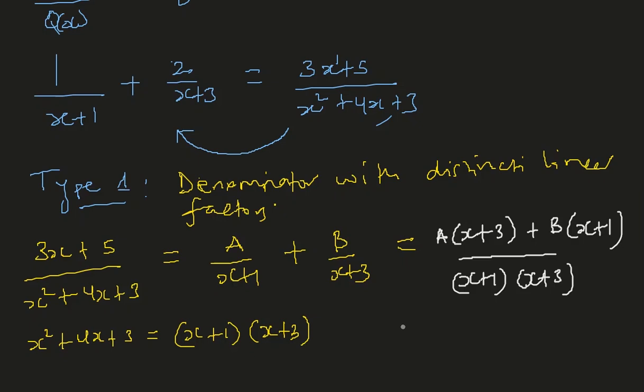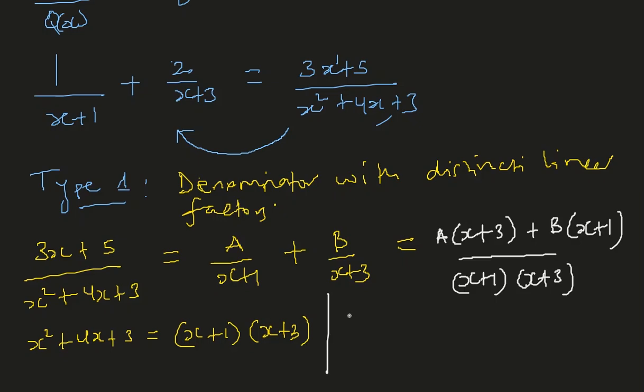So we've tried to express the right hand side in form of one fraction. Now we are going to compare the numerators. First check the denominator here is exactly equal to this, because when we expand this, we get this. So since the denominators are the same, we can conclude that the numerators are also identical.